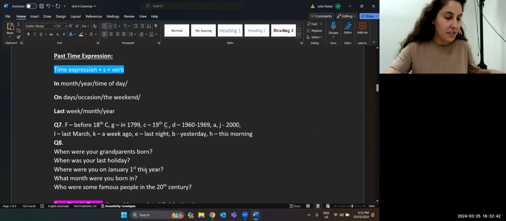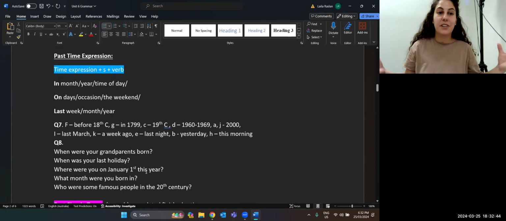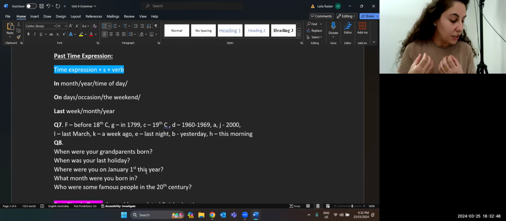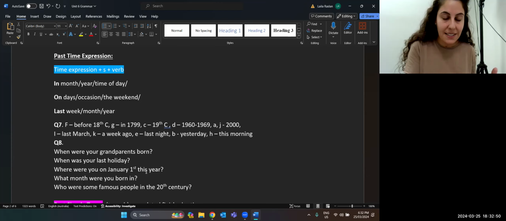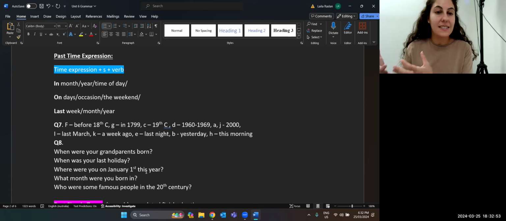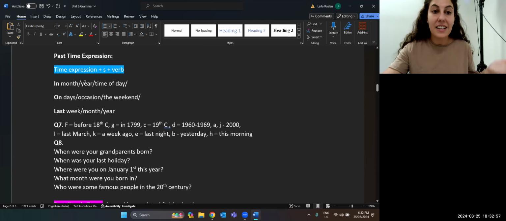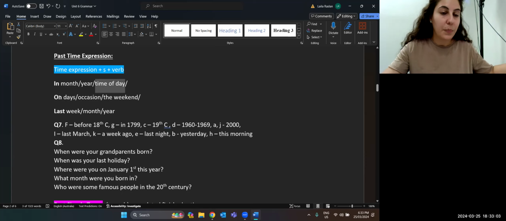So this is what I wanted to remind you about the time expressions. It's always easier to start a sentence by saying when something happened before saying what happened. So you could say last month, last year, or in the morning, or last night, last evening, or on an occasion.